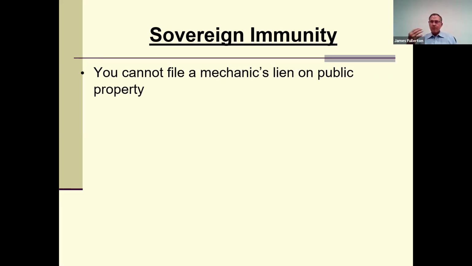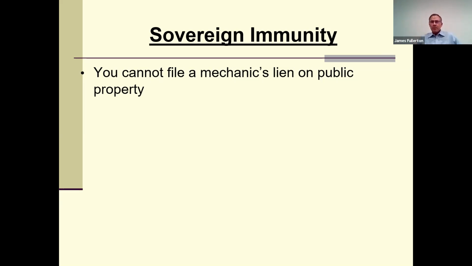There was a problem with this. Actually, the original purpose of the mechanics lien statute, for us students of history, was to promote the construction of the nation's capital in Washington, D.C. And if you want to develop a property and you want to build an economic infrastructure, a mechanics lien statute will promote that activity.